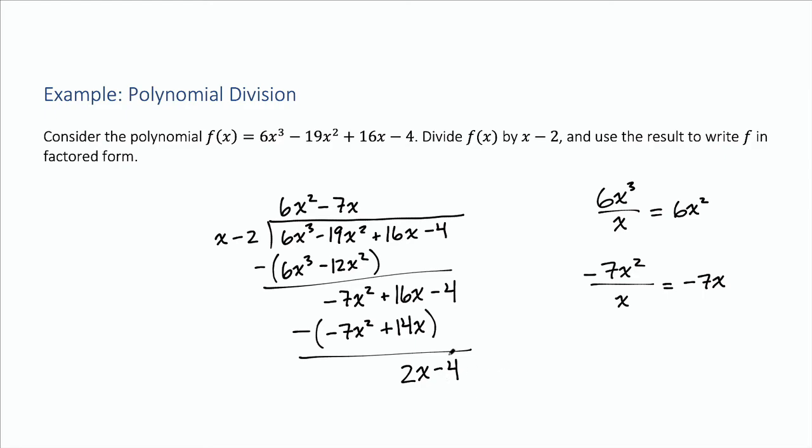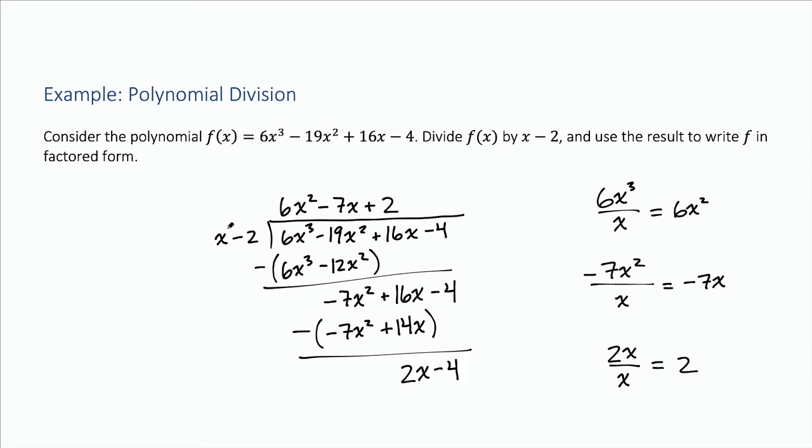Then we do it again. We take our first term here, 2x, and we divide it by the first term out here, which is x. 2x over x, the x just cancels, and we end up with 2. So we get a positive 2 up here, and we write it in as plus 2. We're creating a polynomial here, so remember, between your terms, you're always going to have a plus or a minus. Now we take this positive 2 and multiply by the x minus 2.